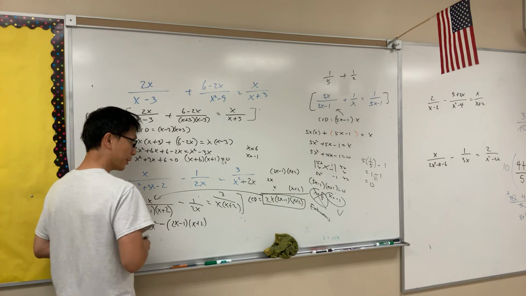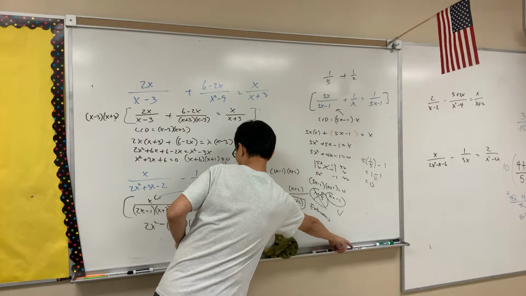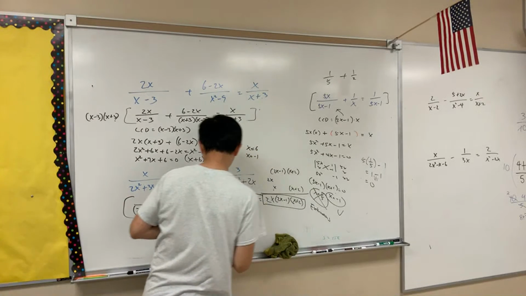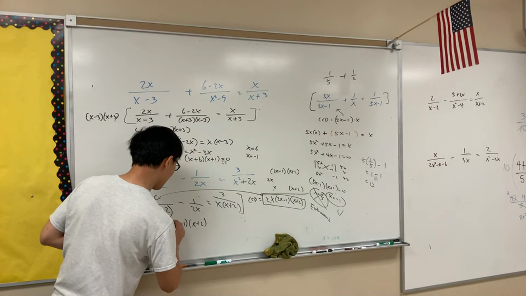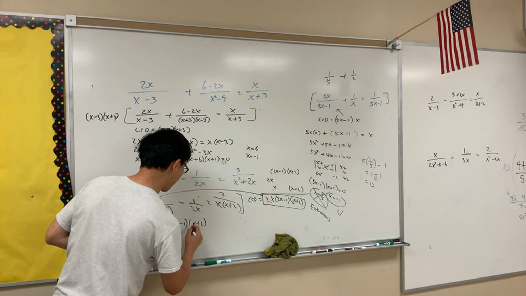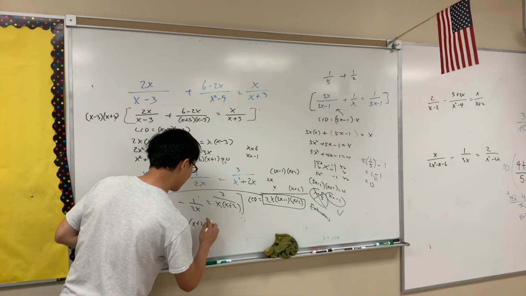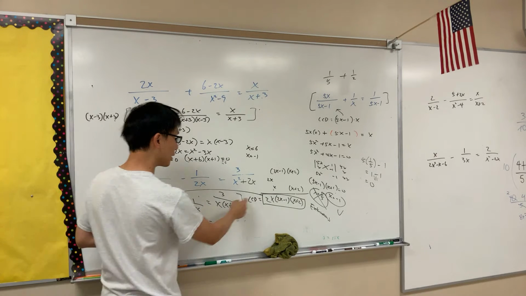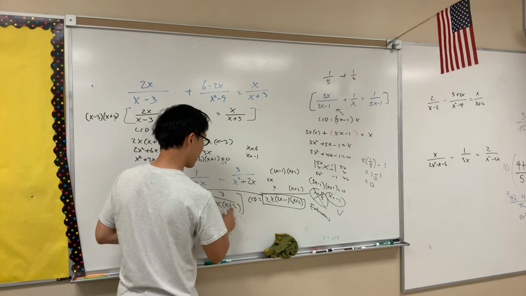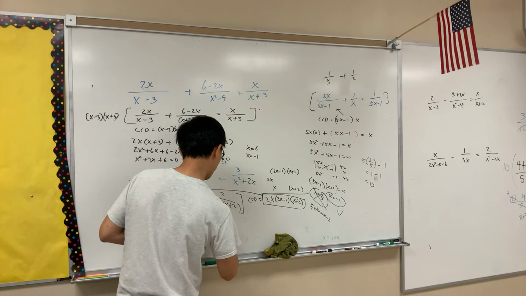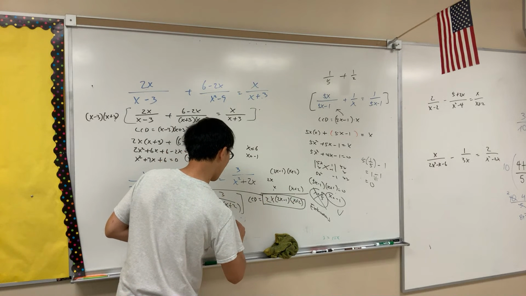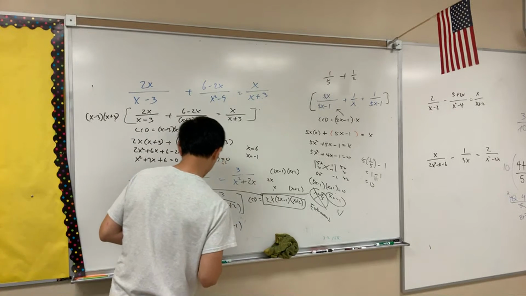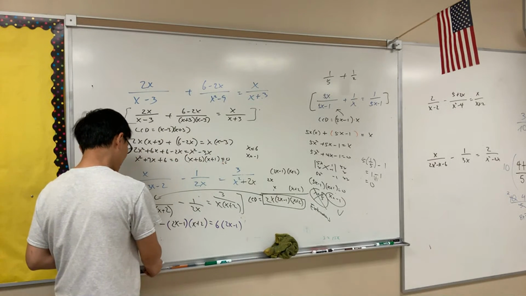So I'm going to write it in purple because that parentheses does matter in this case. In the previous case, it never mattered, but in this case it does. That is equal to, well, x and x cancel out, x plus 2 and x plus 2. 3 times 2 is 6 times 2x minus 1. And now it becomes an equation I can solve.